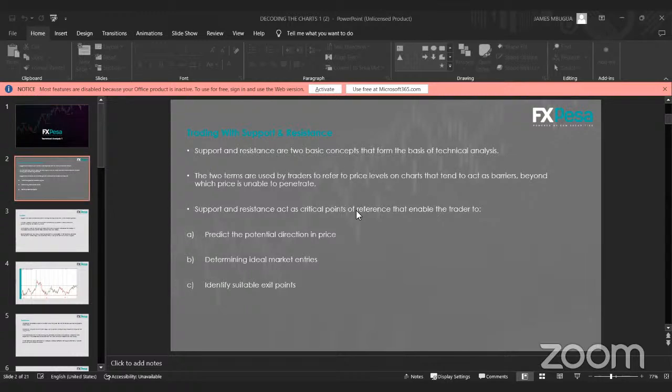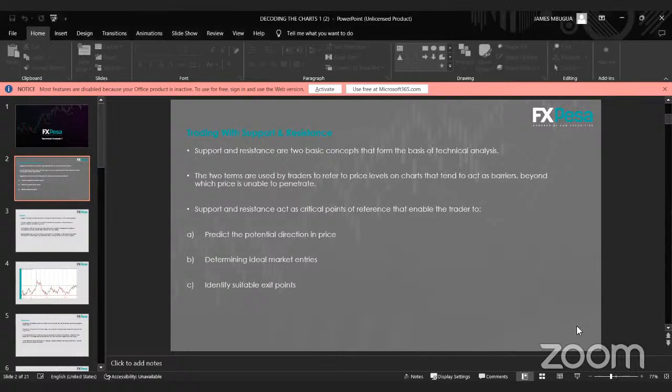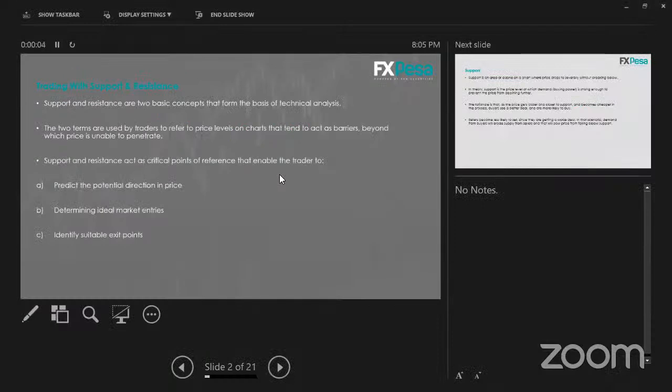Support and resistance are two basic concepts that form the basis of technical analysis. The two terms are used by traders to refer to price levels on charts that tend to act as a barrier beyond which price is unable to penetrate.